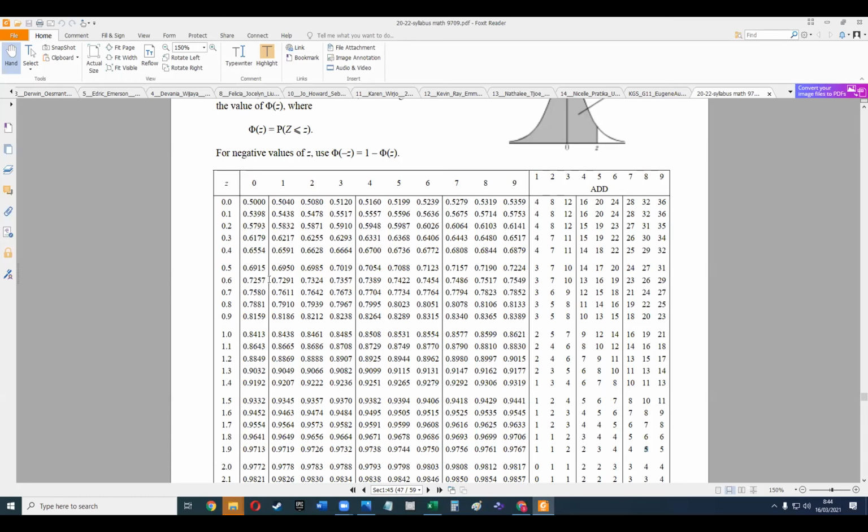So look from this to the right until you find the number. 7517. This is too big. So this is the closest one, 7486. But we need to add some number to get 7513, so the z value is 0.67. That is two significant figures.